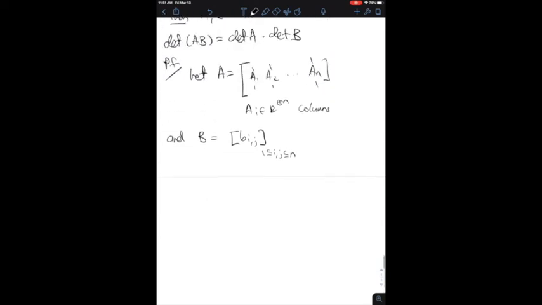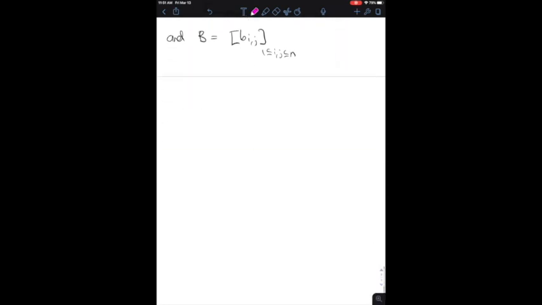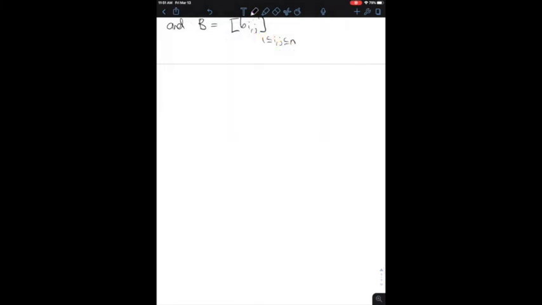All right, so we should remind ourselves how to take a product of two matrices. So let's refresh our memory by multiplying two matrices. Let's say 1, 2, 3, 4, 5, 6, maybe 7, 8, 9.